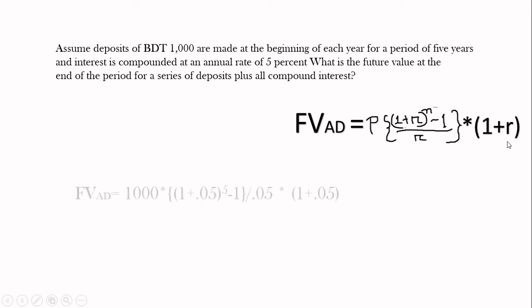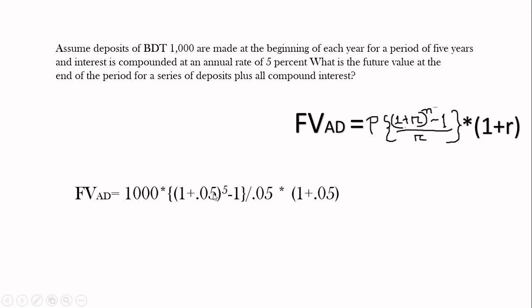Okay, so according to the math, you see the payment is 1000 here, 1000 multiplied by 1 plus r, where r is 5%. Now you see there's an annual rate of 5%. It's not said that it's compounded monthly or quarterly or semi-annually, that means yearly payment, so you don't have to divide anything.